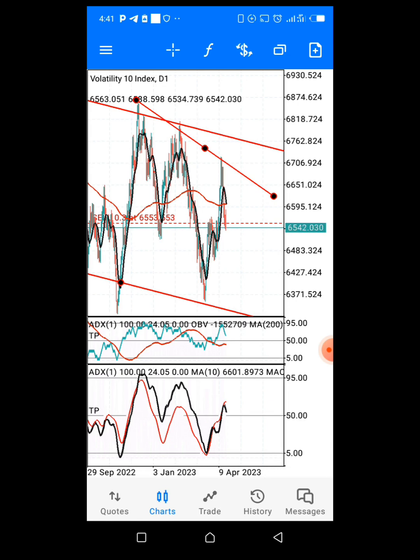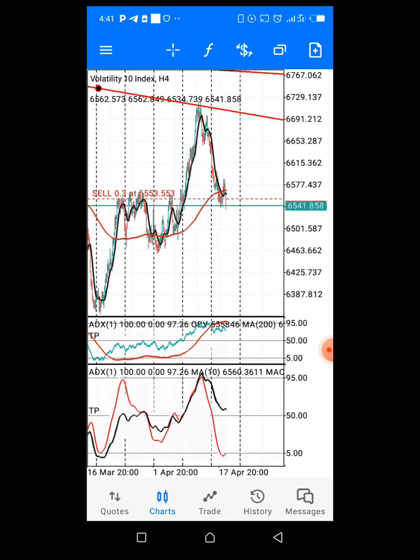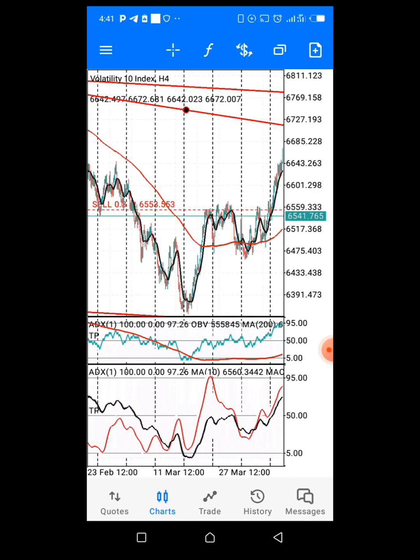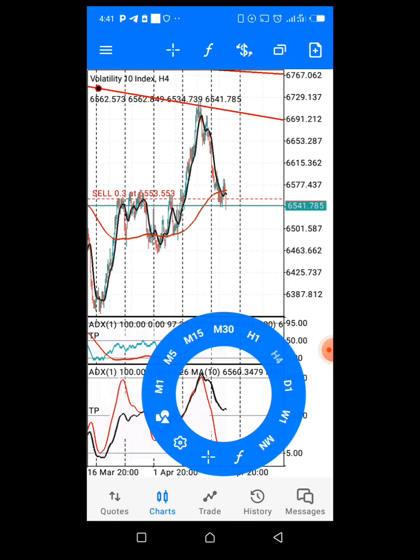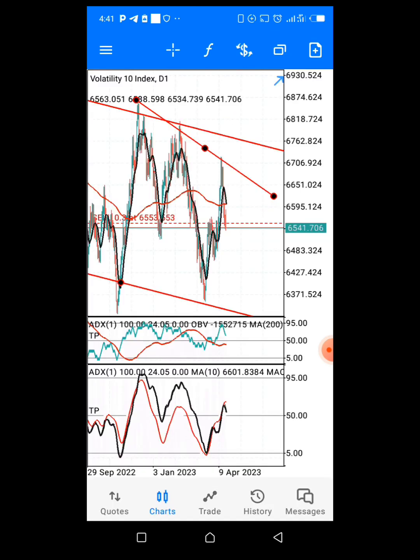So I went down to my H4 to check things, and you can see clearly where this market is heading to. This market is heading to this point. Let me show you. It's heading to this point. So that means that this market is in a downtrend in our higher time frame.